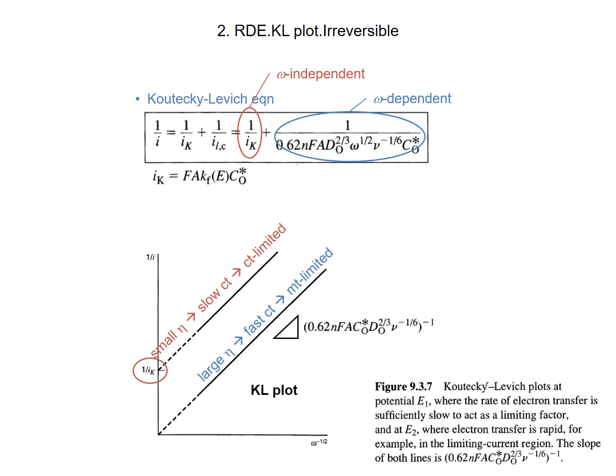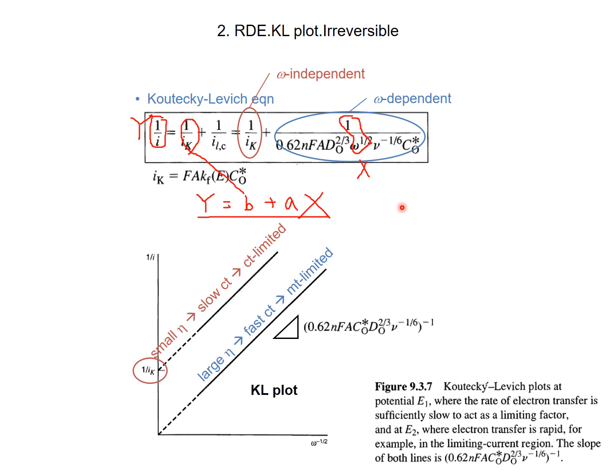Let me write down something here. So this is y, and 1 over the square root of omega is x. So we could find y is equal to the y-intercept, which is 1 over the Koutecký current, plus a, the slope, times x. So we should have a linear plot in the Koutecký-Levich plot.